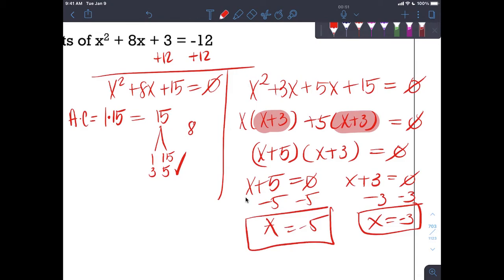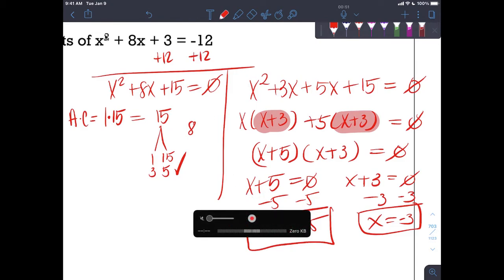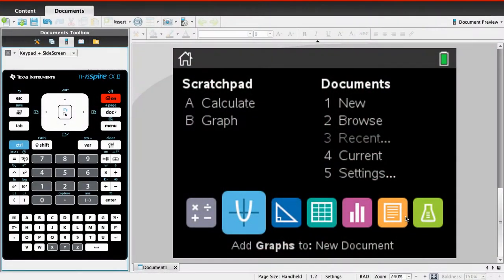But let me just verify this answer in my calculator. So if I graph this, and I have to graph the form after I move my 12 over, I should see a 0 at negative 5 and a 0 at negative 3.